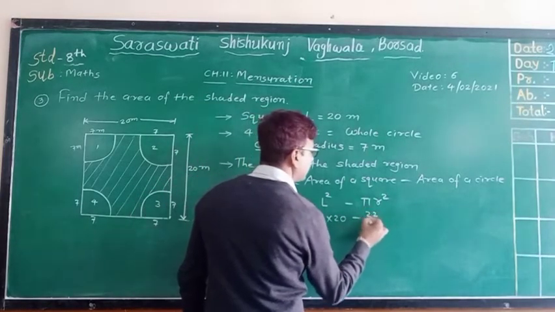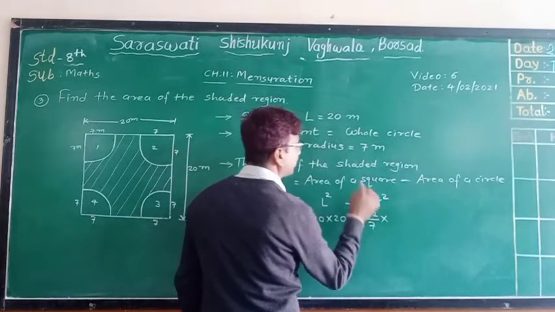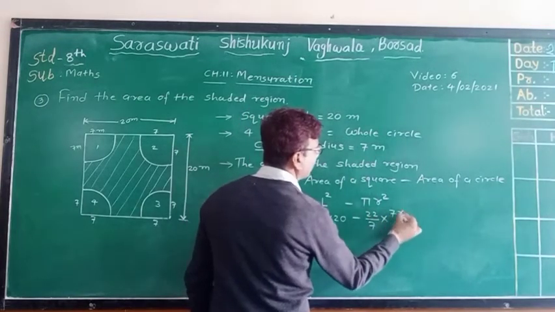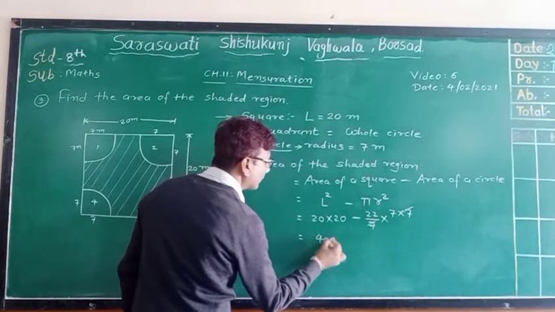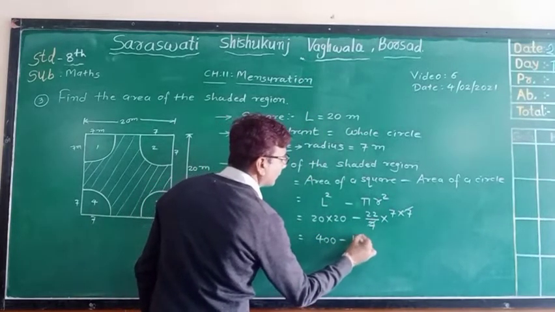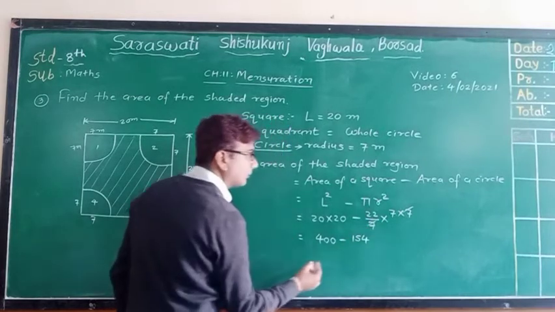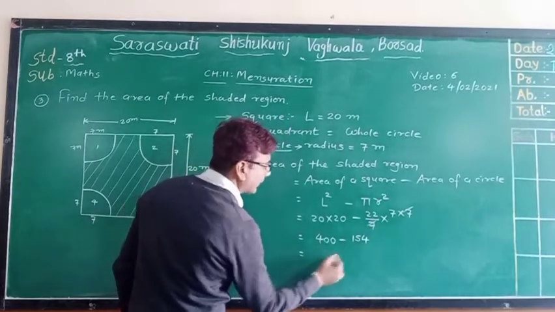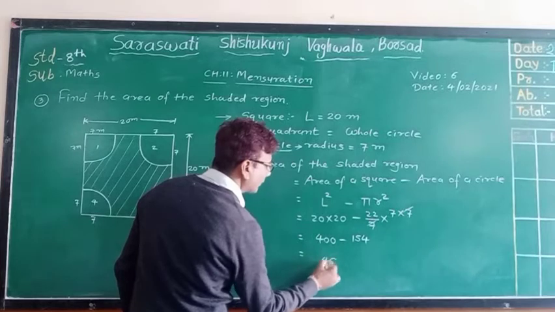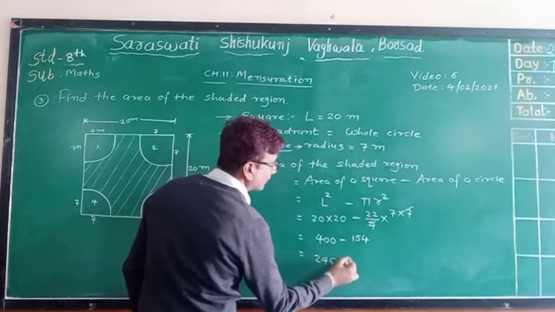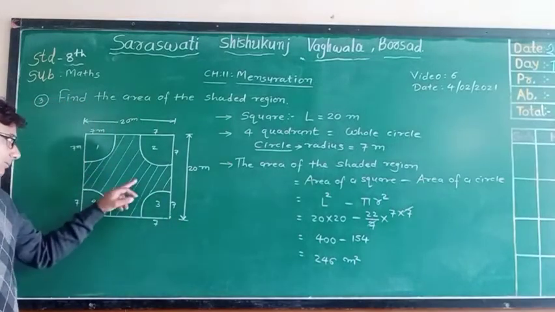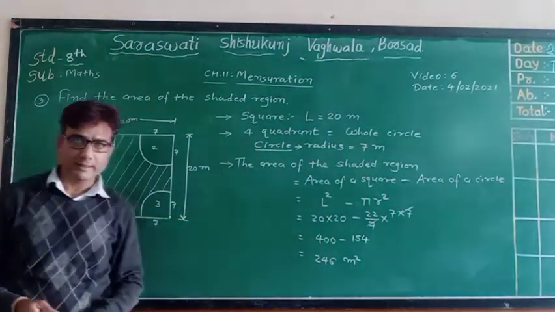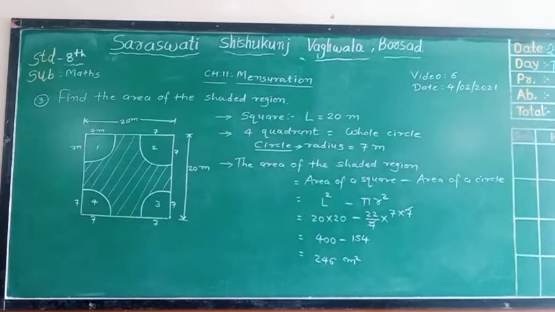Pi is 22 by 7, radius is 7, so it is 2 times 7, 7, 7. So 400 minus 154 equals 246 meter square. So this shaded region area is 246 meter square.